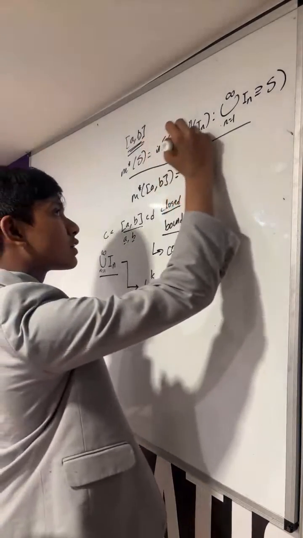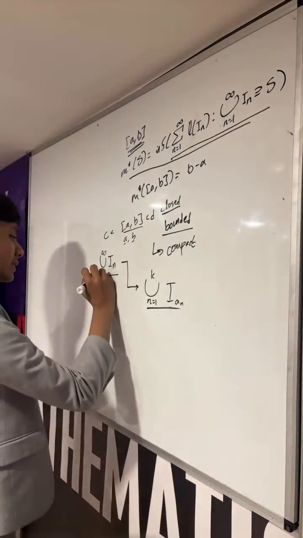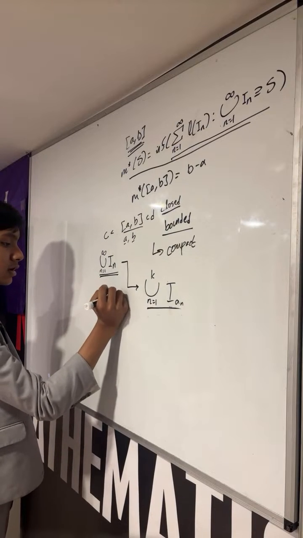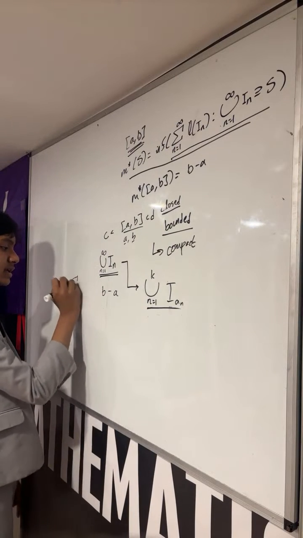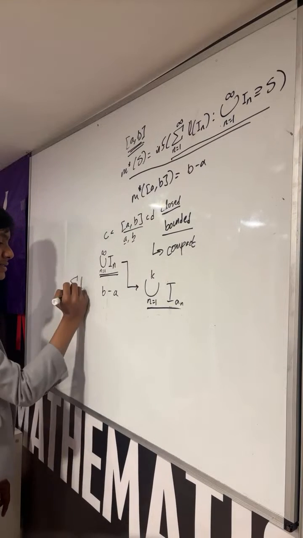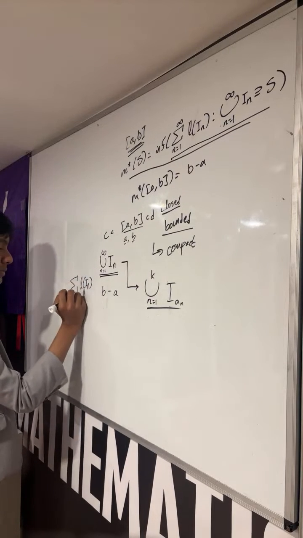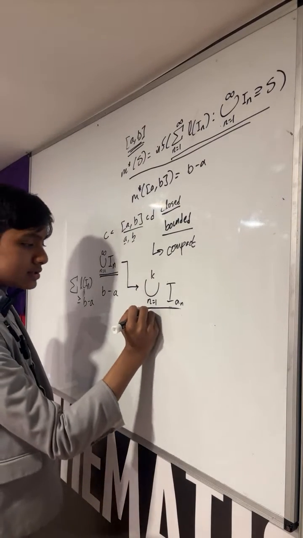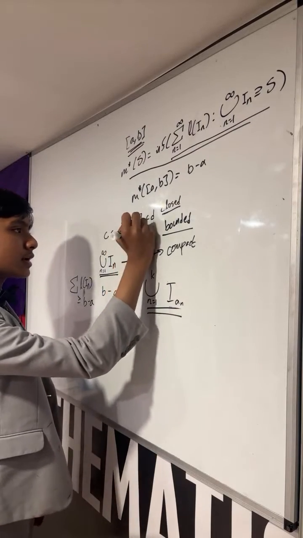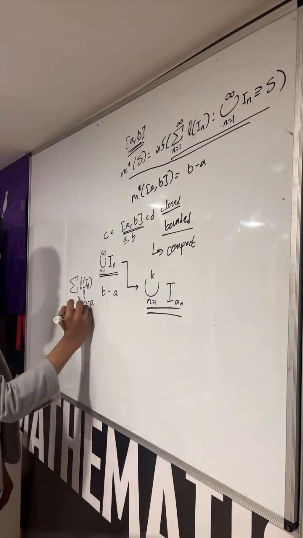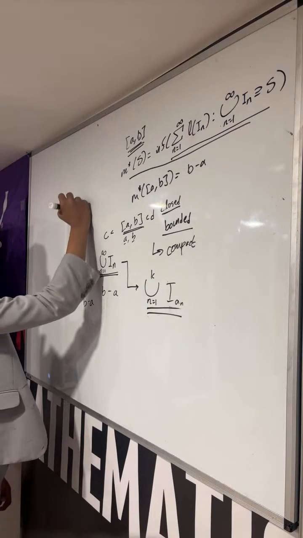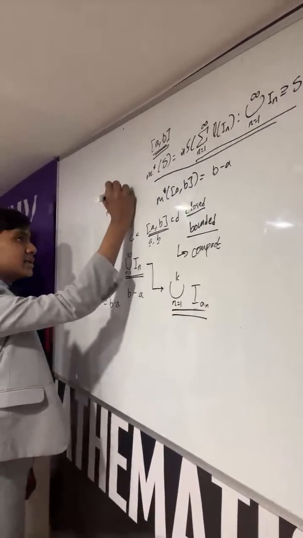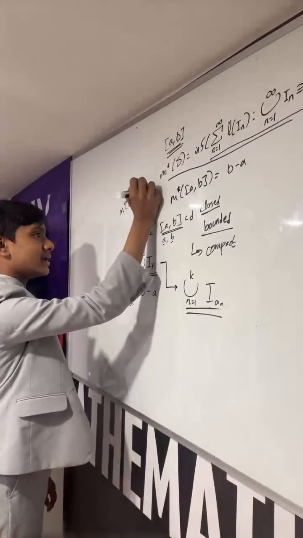But it doesn't matter for our purposes, since this cover already has to have a total length, or the sum of its lengths has to be greater than or equal to b minus a. Otherwise, of course, it couldn't cover a to b. So, that means that the Lebesgue measure of [a,b] has to be greater than or equal to b minus a.